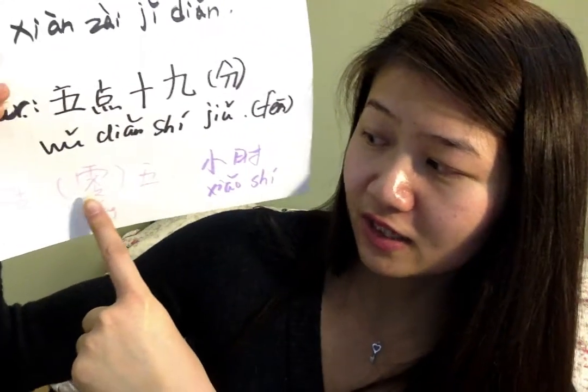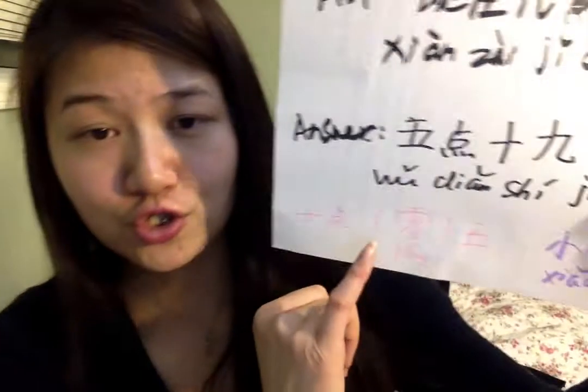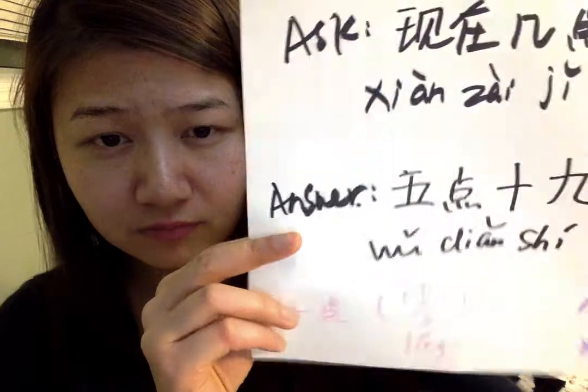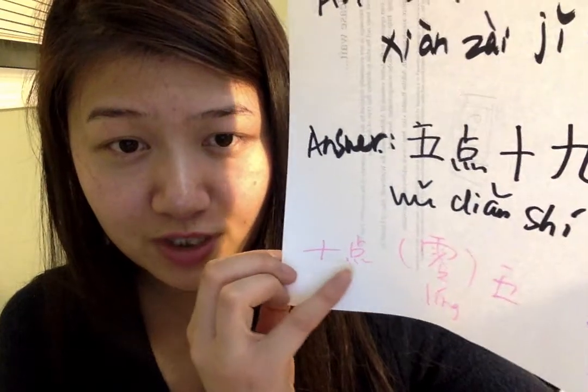If it's like 1 o'clock, 8 minutes, like 1:08, we should say 1点零8分. So here I give an example, 10点零5分. 10:05 means 10 o'clock 5 minutes. So we should add 零 at the middle.